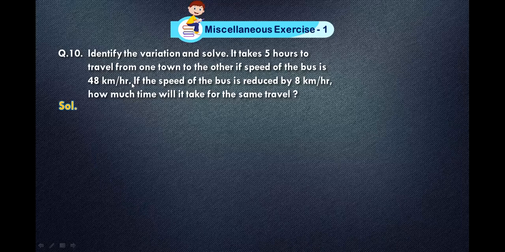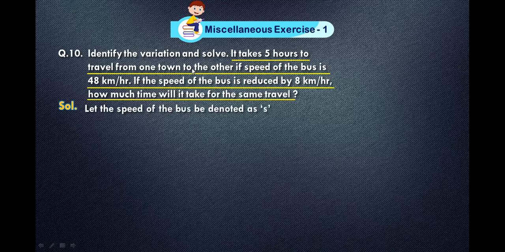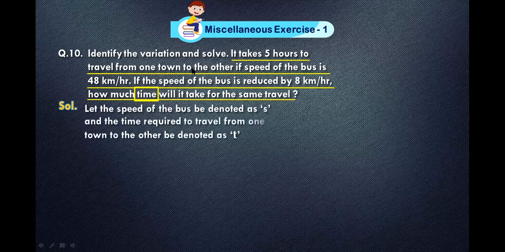So basically, what is the question asking? We have to first assume the speed of the bus. So let the speed of the bus be s and the time taken be t.